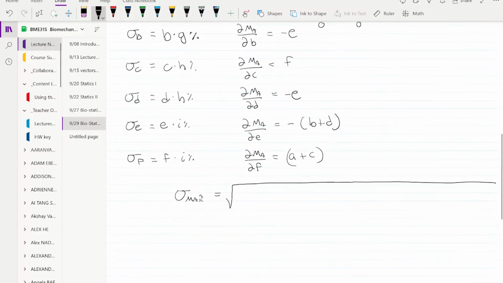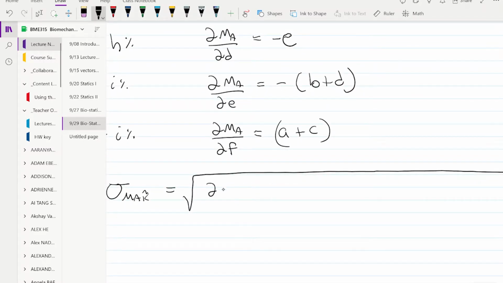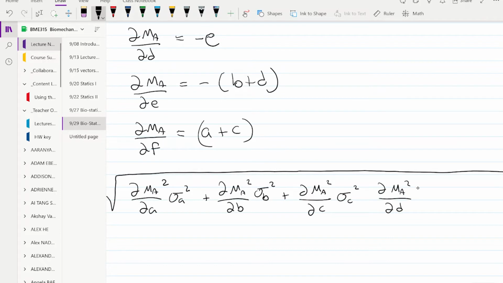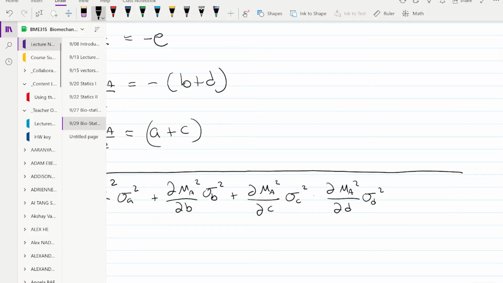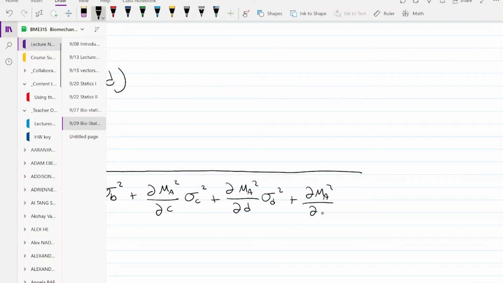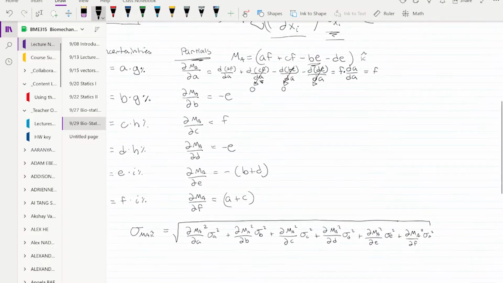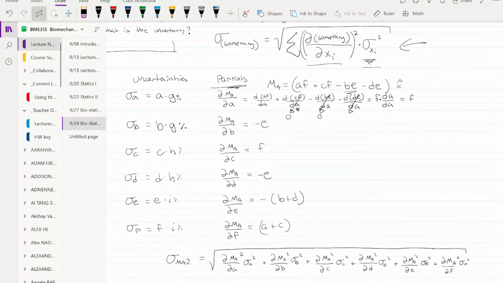It'll be partial MA partial A squared, sigma A squared, plus partial MA partial B squared, sigma B squared, plus partial MA partial C squared, sigma C squared. One more. All right, so now we've expanded our little uncertainty equation, and we've done that for every variable in our equation.